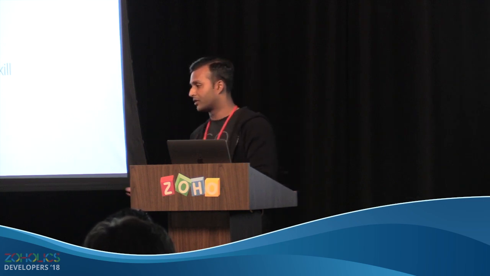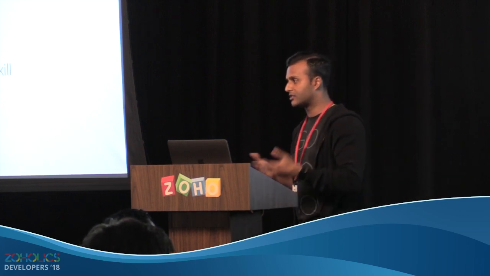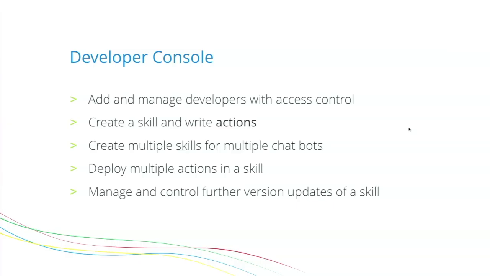So if we take this skill of e-commerce that we just had, inside there would be multiple actions like placing the order or showing what's in the cart or telling me what products are in the inventory, etc. So inside the console, you add your developers, you figure out their access control, and you write your intents, which are actions. Those are interchangeable words. We call them actions inside our product. You may be familiar with intents. You can have multiple skills for multiple bots, and then inside each skill, you can have multiple intents or actions.